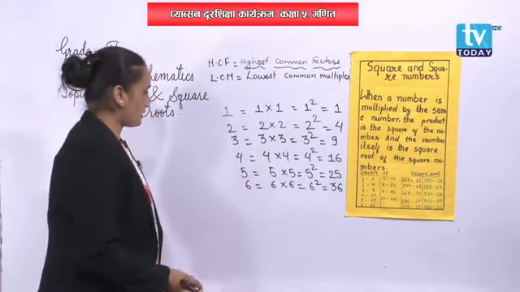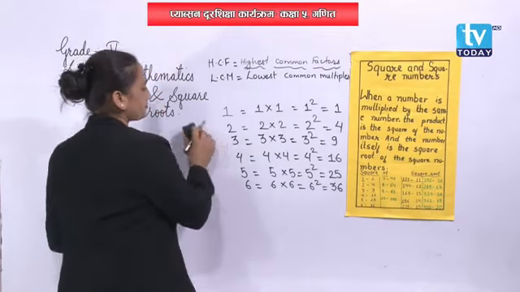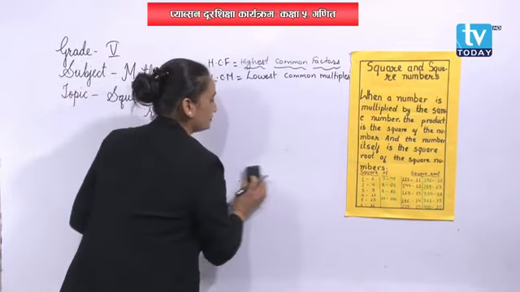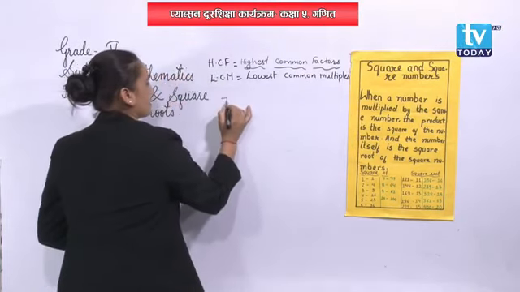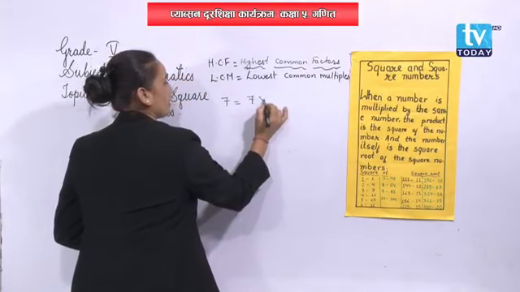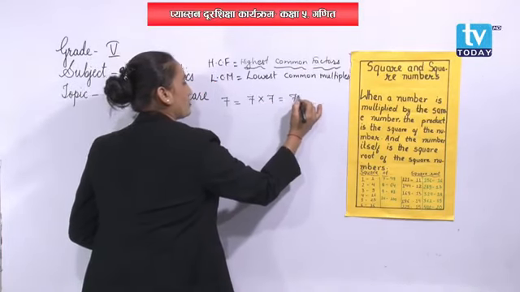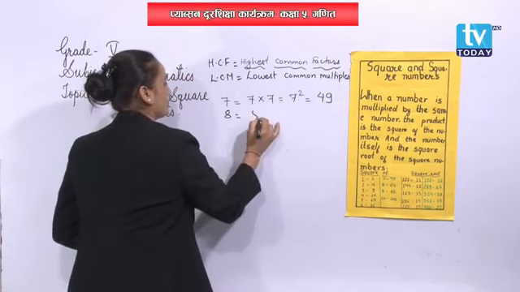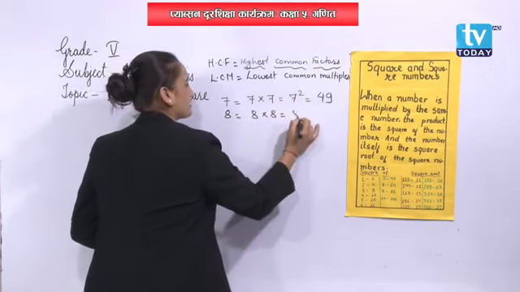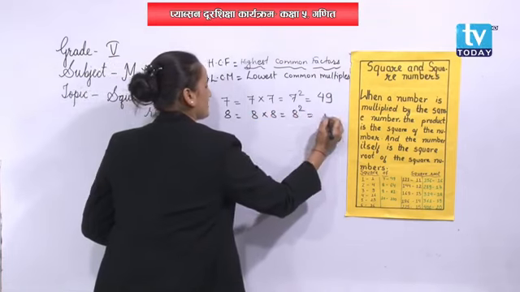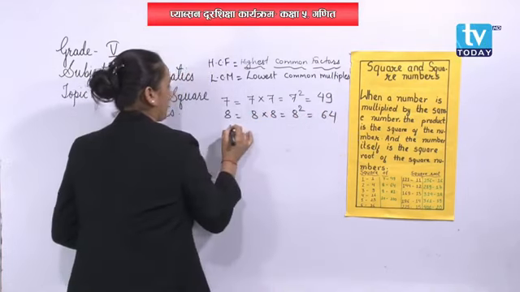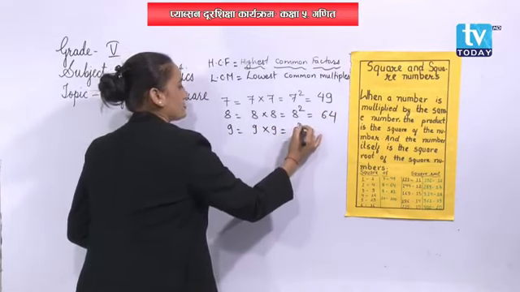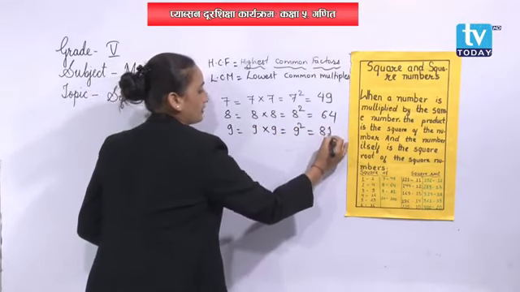Let's do 7 also. Okay students, let's do 7. 7 into 7, that is 7 square, equals 49. 8 into 8 is 8 square, that is 64. 9 into 9 equals 9 square, that is 81.